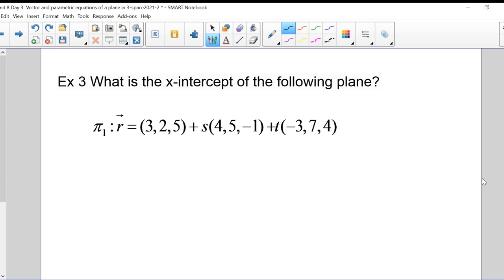The x-intercept. How do we get the x-intercept? Any suggestions? Why do you put y equals 0? Yes, you not only put y equals 0, think about what every single point on the x-axis would be. Every single point on the x-axis has a y coordinate of 0 and a z coordinate of 0. Just think of where that x-axis is.